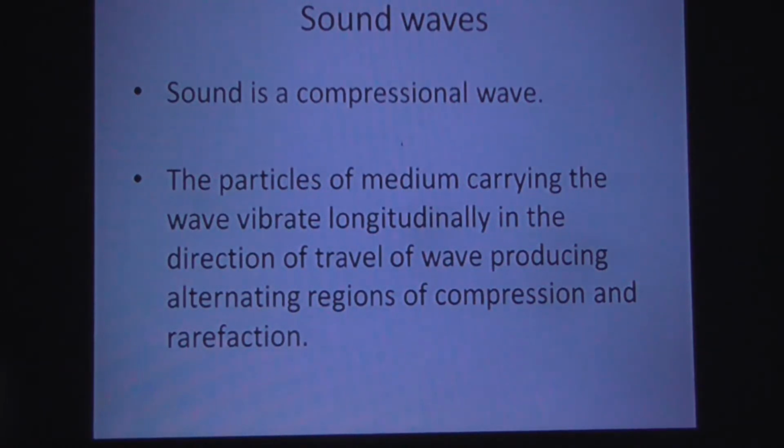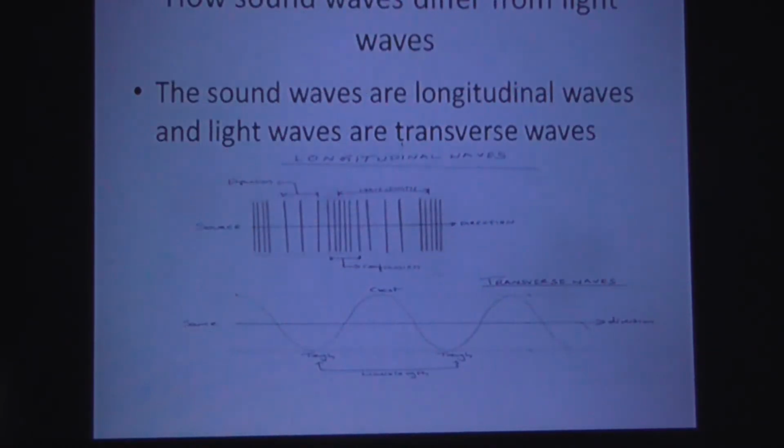Now, the second thing is how sound waves differ from light waves. Sound waves are basically longitudinal waves and light waves are transverse waves. So friends, as we see, in the longitudinal waves there are parts: the wavelength, the compression, the expansion, the source and the direction.